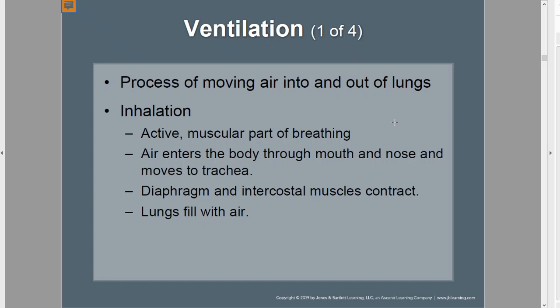Those are going to be two different things, right? But ventilation is necessary to allow for oxygenation and respiration. We already know it's essential for life. And we know that if you had a patient who wasn't adequately breathing, we would have to have some type of immediate intervention in order to ensure adequate ventilation.